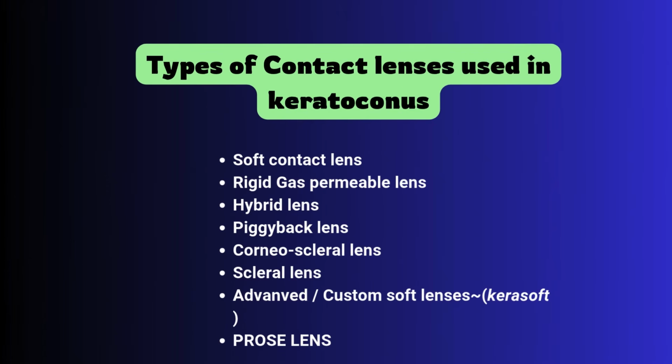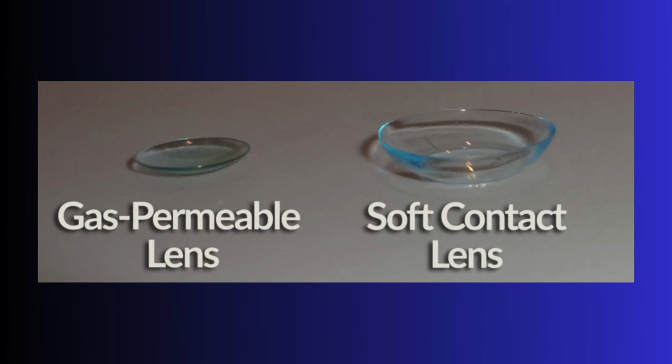So, the soft lenses are used only for mild cases because they are not well equipped with correction of astigmatism. Although toric soft lenses are available in the market, they are also useful only in the earliest and very mild cases of keratoconus. The rigid gas permeable lenses form the mainstay of treatment for keratoconus.